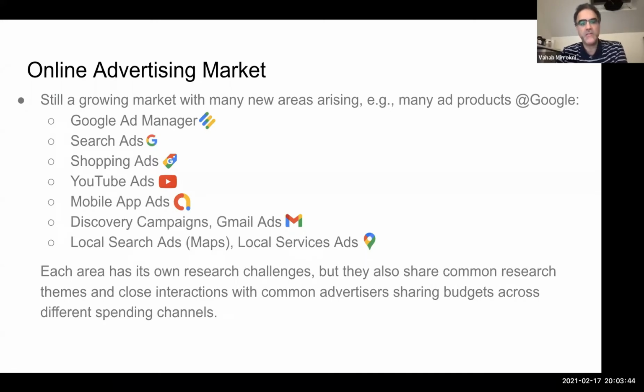Each of these areas has its own research challenges, but they all share similar problems, and they also share similar advertisers who interact through these systems and may spend their budget throughout all of these advertising systems. So what I'm going to cover is related to most of these ad products in some sense.